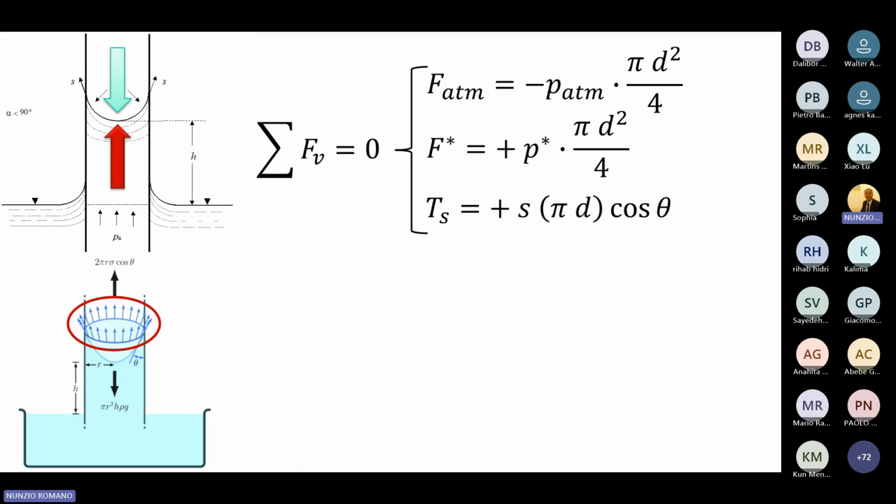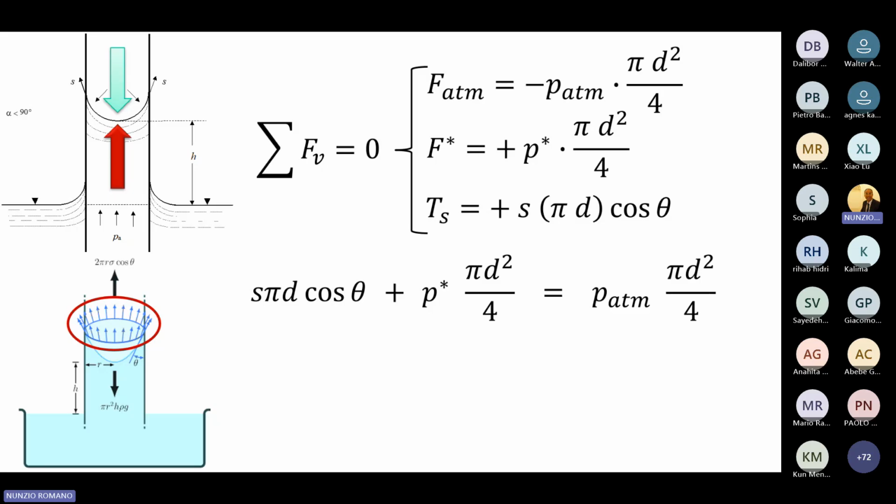In this slide, I put all these together again. We can use the summation equal to zero, putting the positive forces on the left and the negative force on the right. The only thing that we don't know in this equation is P star.